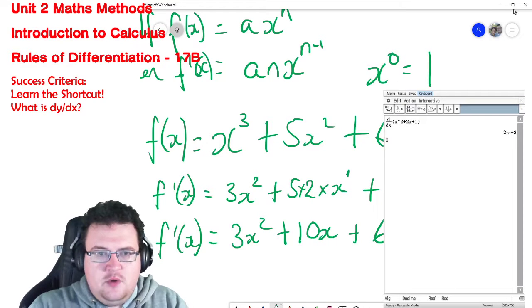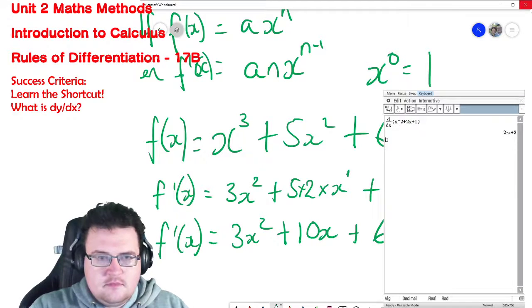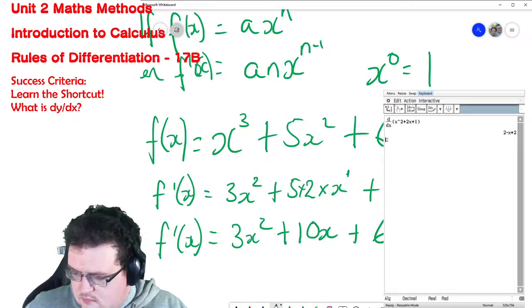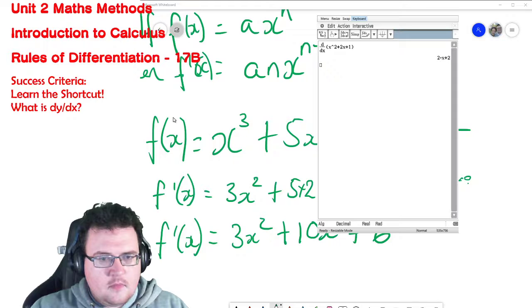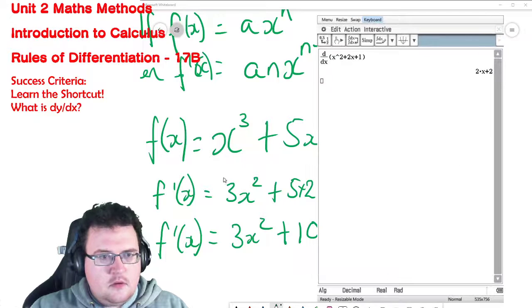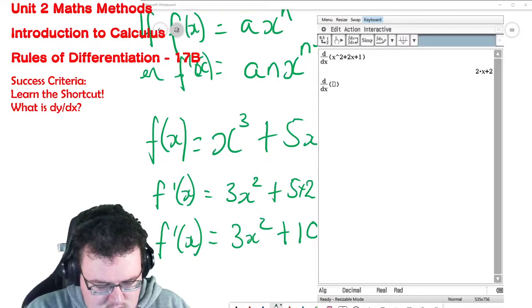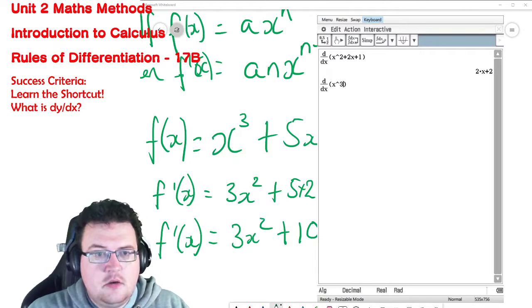So let's turn on our CAS again. And let's do d dx of x cubed plus 5x squared plus 6x minus 7.